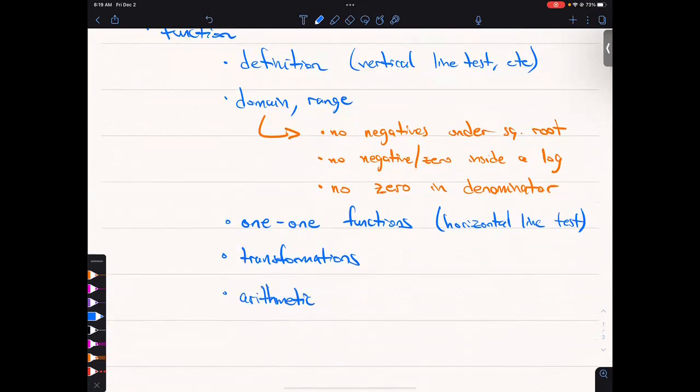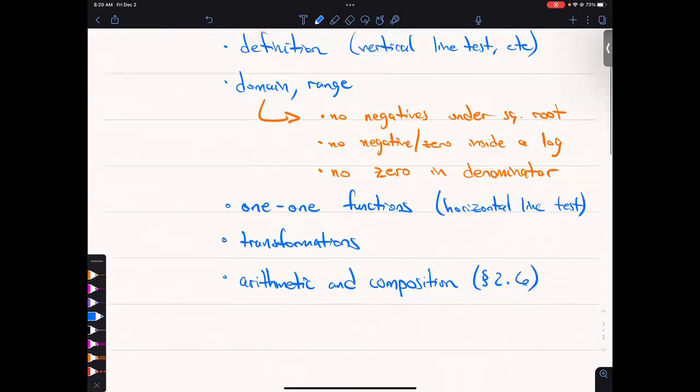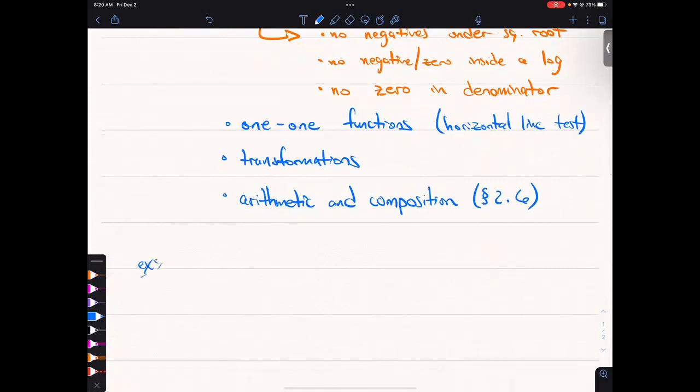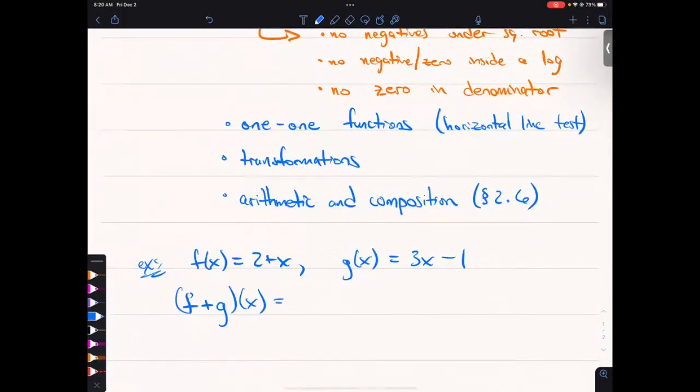Arithmetic and composition. That's another thing that we haven't done in a while. This was section 2.6. If you have two functions, say f of x is 2 plus x and g of x is 3x minus 1, then doing something like f plus g just means you take f and g and add them together.